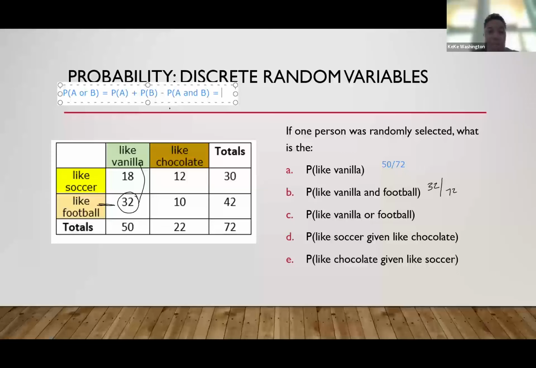The probability that I like vanilla, we calculated earlier as 50 over 72. Probability I like football, well, there are 42 people total that like football. And then you subtract out the probability that I like both, right? So that's the vanilla and football, the 32 out of the 72. Okay, so if you add these together, 50 plus 42, that's 92. Subtract 32, we have 60 out of 72.